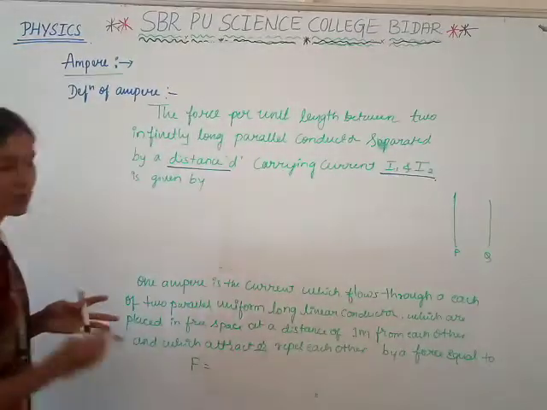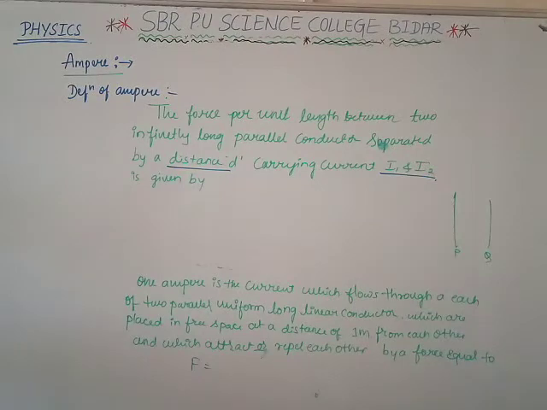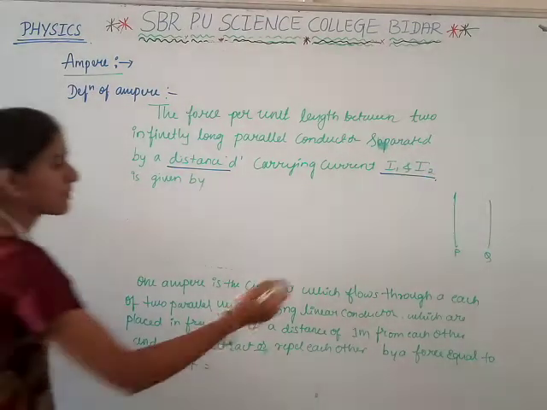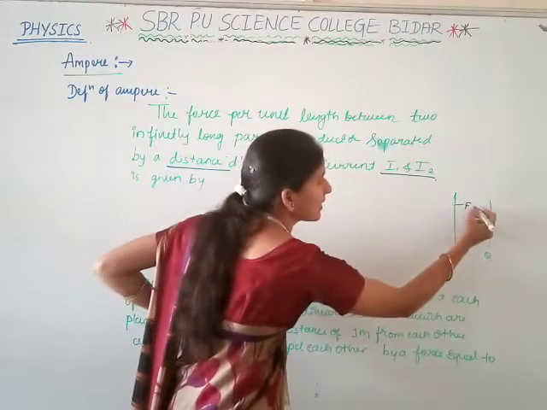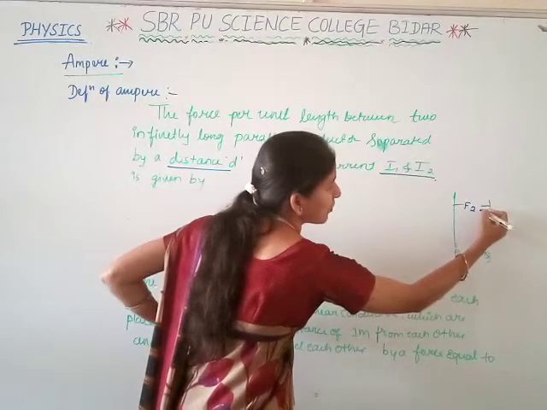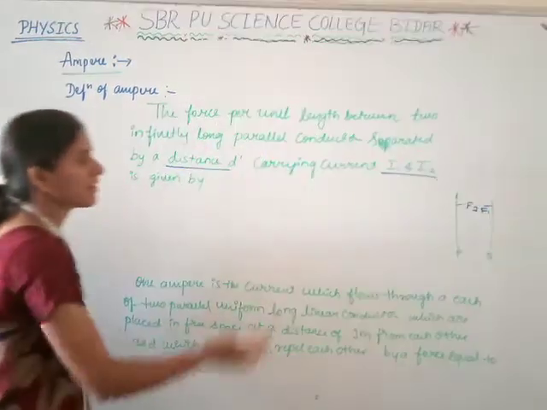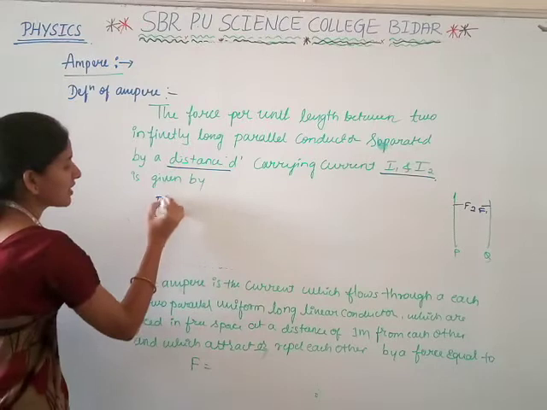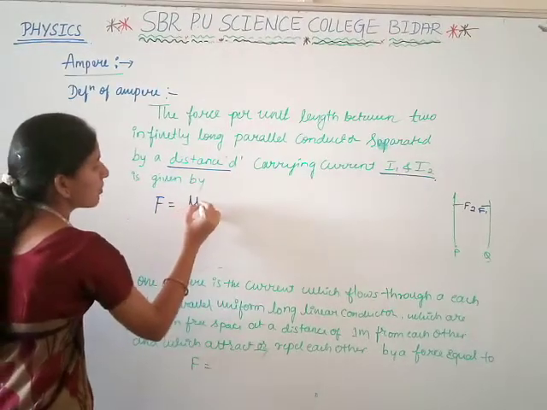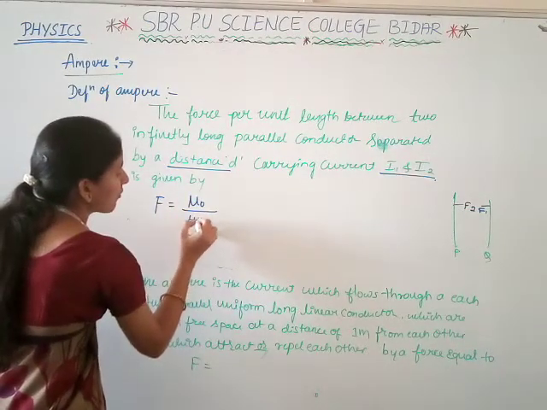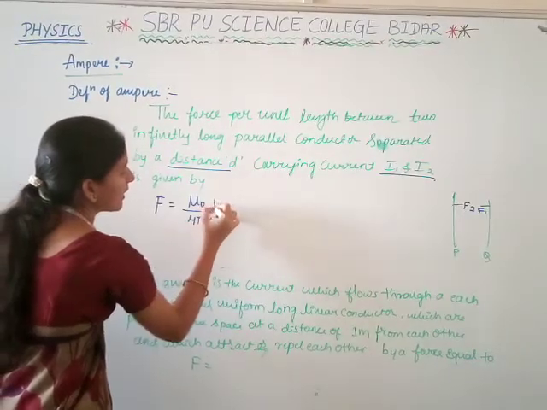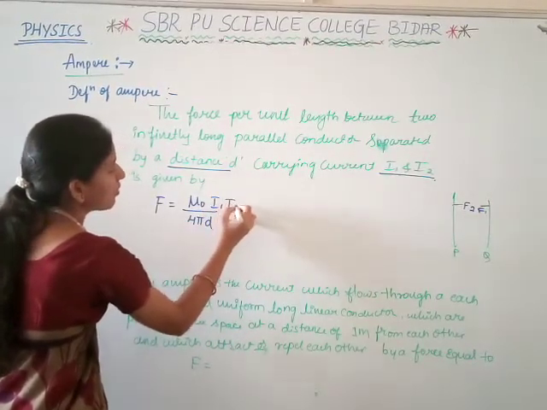I1 and I2, which is given by the formula. We got the formula separately for the P conductor, that is F2, and for the Q conductor, that is F1. The general formula is F equals mu naught divided by 4 pi d into I1 into I2.